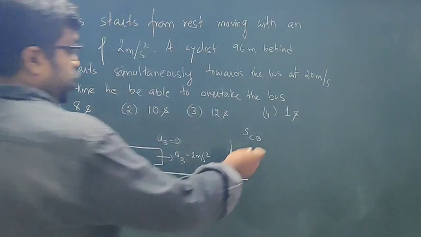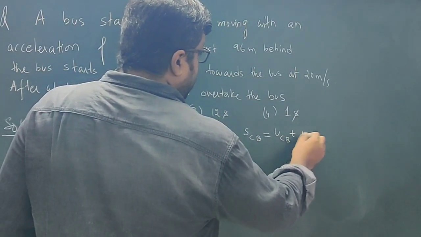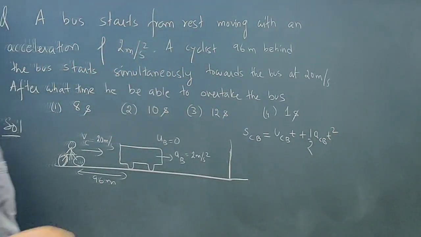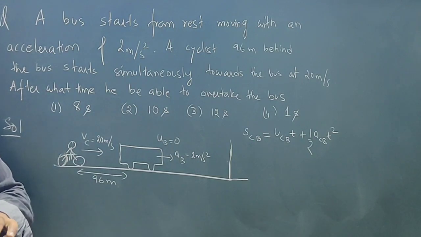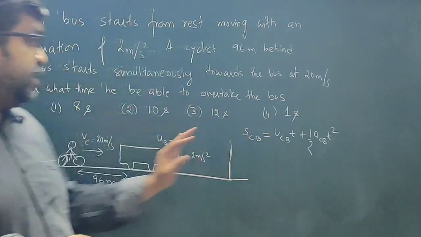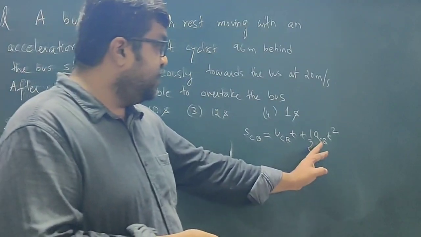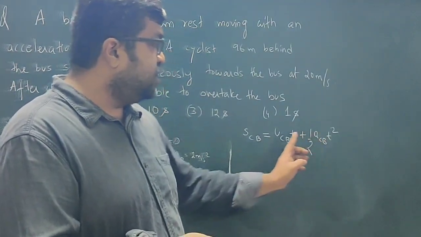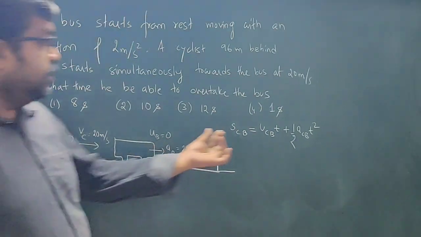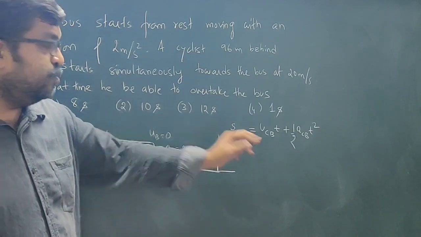So this is equal to Ucb into t plus half Acb into t square. Basically I am using the relative equation of motion, S equal to ut plus half at square. But since this bus is accelerating, I have written Acb, that is acceleration of cyclist with respect to bus, and Ucb is initial velocity of cyclist with respect to bus. Okay. Now the advantage of using this concept is the distance traveled by the cyclist with respect to bus.